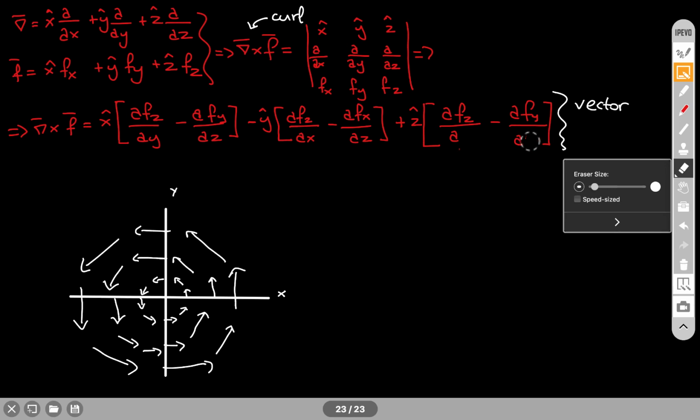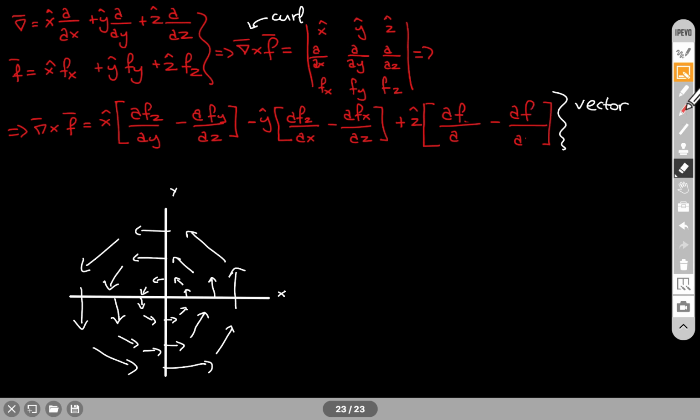There is no partial with respect to z here. For my z component, I will have the partial of f sub y with respect to x, and then the partial of the x component with respect to y. All right, so I fixed that mistake.